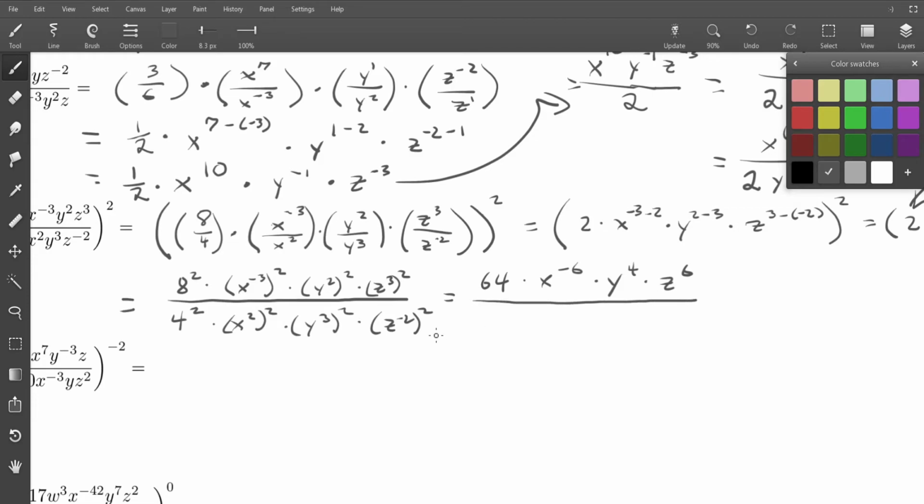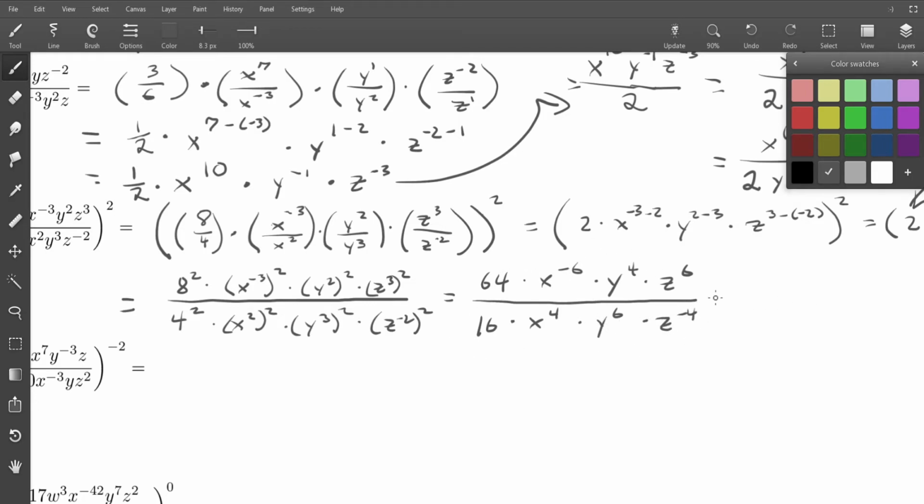All of this over 4 squared is 16, times x to the 2 is x to the 2 plus 2, which is 4, times y to the 3 to the 2, which is y to the 3 times 2, which is y to the 6. And then we have z to the negative 2 to the 2, which is z to the negative 2 times 2, which is z to the negative 4.